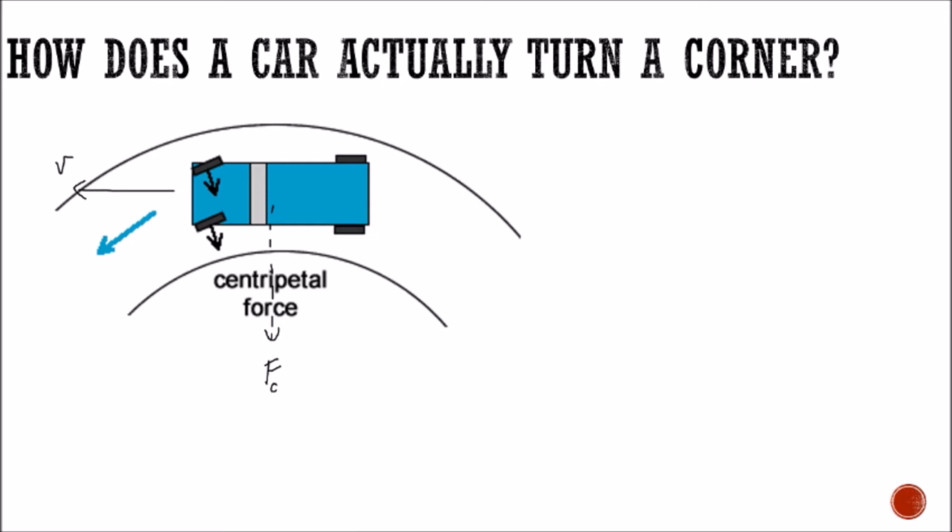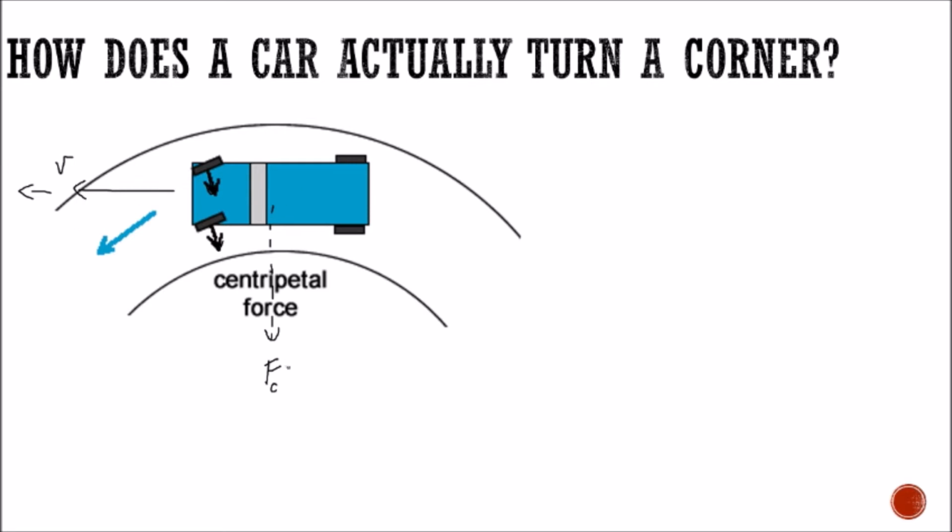Whilst the car wants to travel out towards the left, friction is actually keeping the wheels from veering off in this kind of direction here. And so there is a frictional force that's acting against that motion, against this velocity here, and allowing it to keep the car in this circular path.